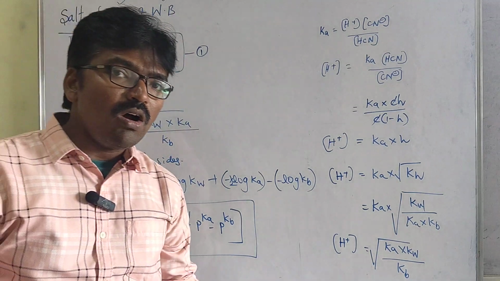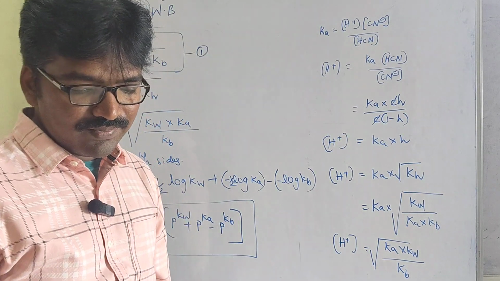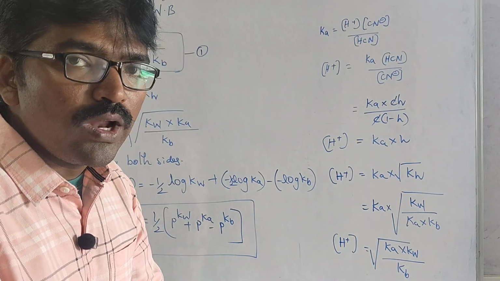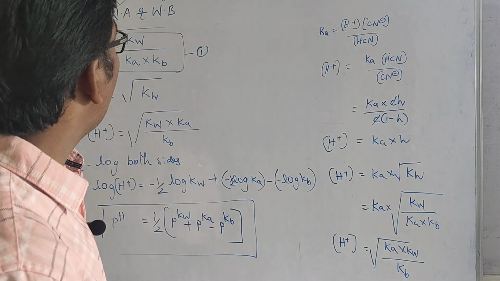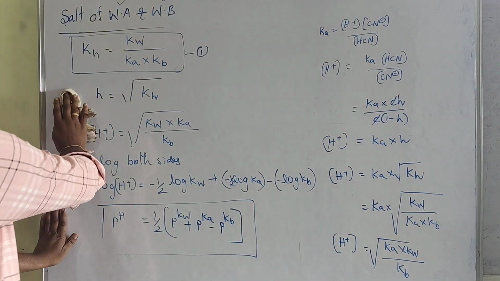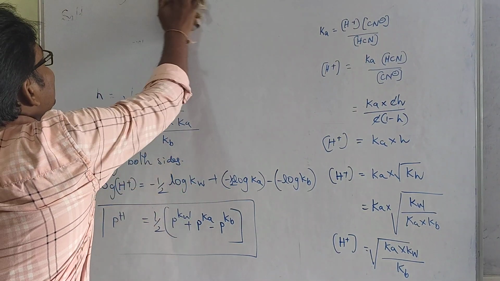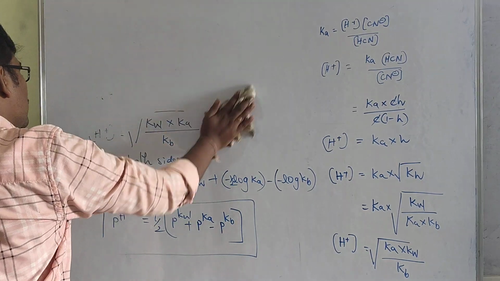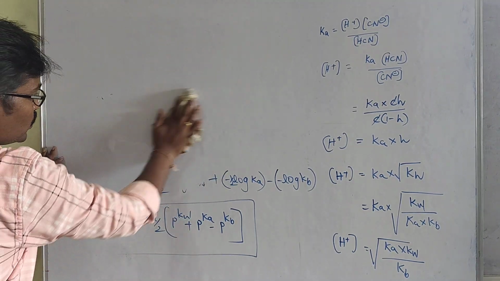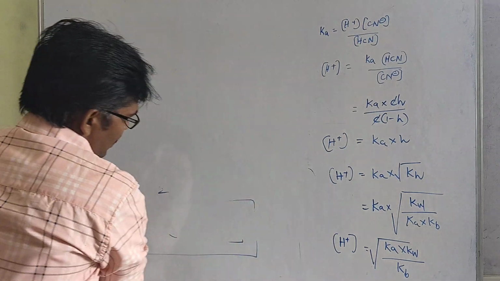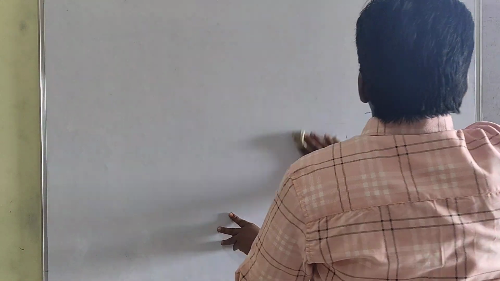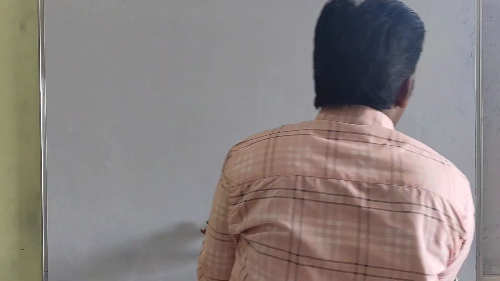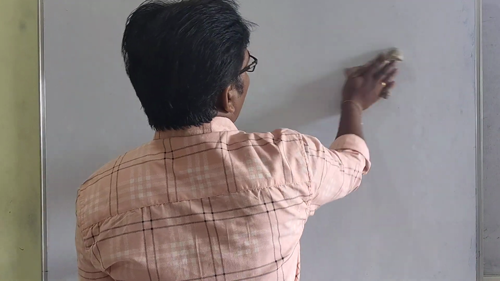My dear students, all these 4 salts we are discussing. Salt number 1 is not going to hydrolyze. Salt number 2 is going to hydrolyze. Salt 3 also hydrolyzes. In salt 4, both being weak, both parts are going to hydrolyze. Now if you write all the formulas once, what are those?